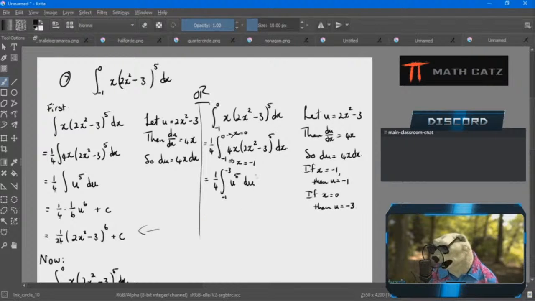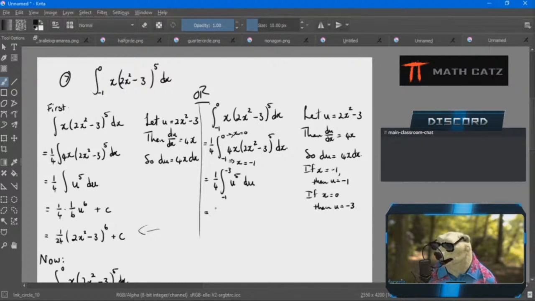Now I have written everything in terms of u. If I'm going to substitute the definite integral, I have to do everything involving x and change that to corresponding information involving u, including the upper and lower boundaries. But that has a benefit to it we'll get to in a second.